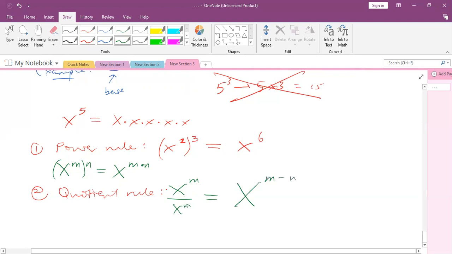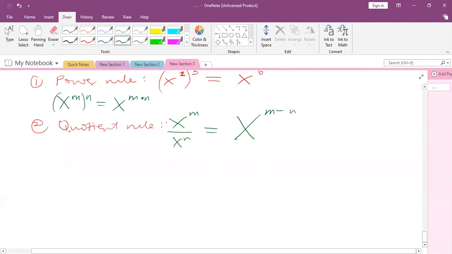You subtract the lower exponent in the denominator from the exponent in the numerator. So the top exponent minus the lower exponent, right? So that is the quotient rule.